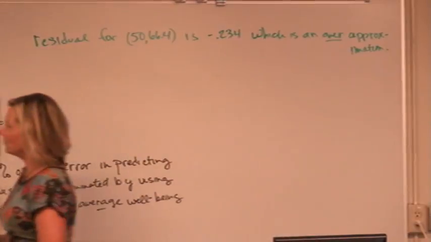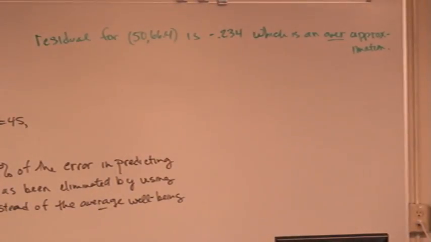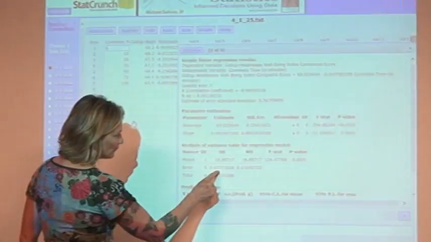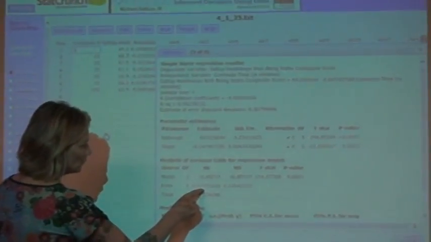Okay, the sum of the squared residuals, SS error, 0.677. Wow, that's really small.